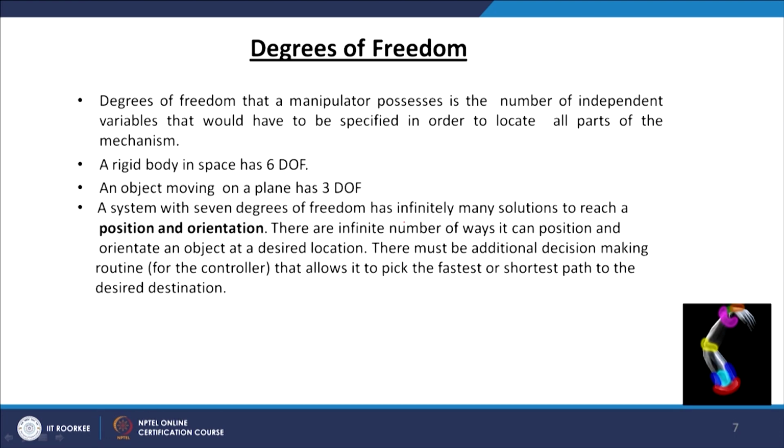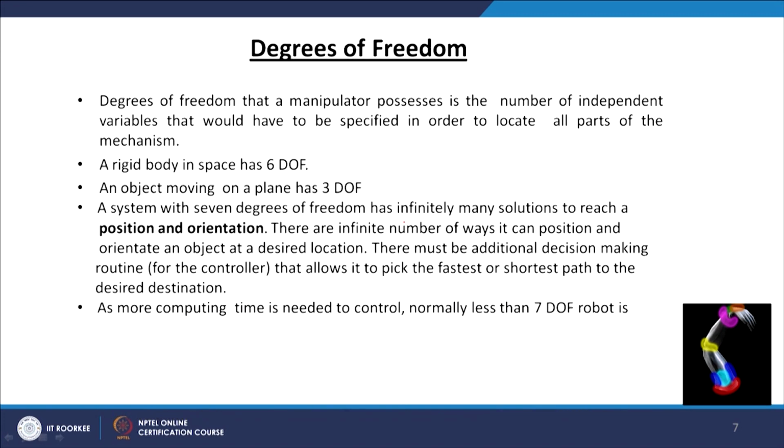So, degree of freedom is the number of independent variables that should be specified in order to locate all the parts of a robot manipulator.